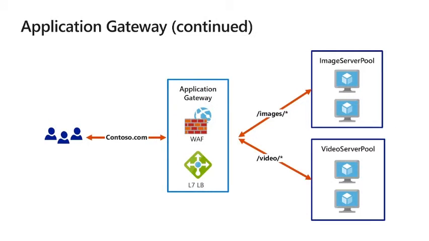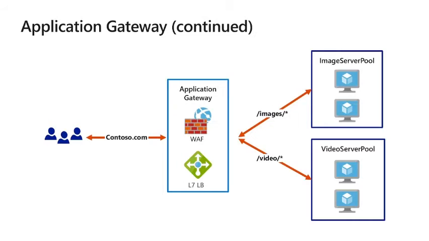An example of how you can use application gateway: a traditional load balancer operates at the transport layer, OSI layer 4, TCP and UDP, and routes traffic based on the source IP address and port to a destination IP address and port. With the application gateway, you can be even more specific. For example, you can route traffic based on the incoming URL.